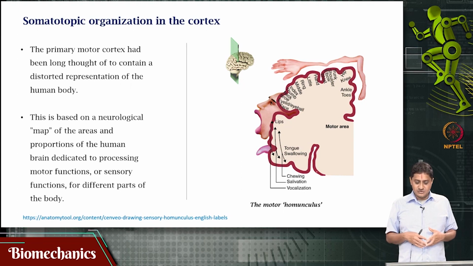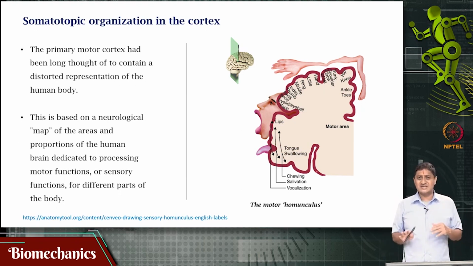This gave rise to the idea that there is a little man or a homunculus present within the motor cortex, but not necessarily having a symmetric size. So, a disproportionately sized little man, or commanding man, is present in the human brain.